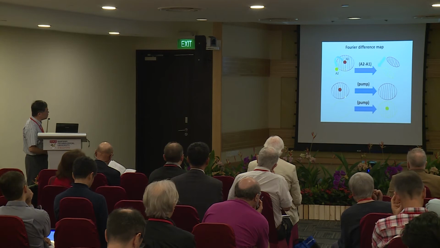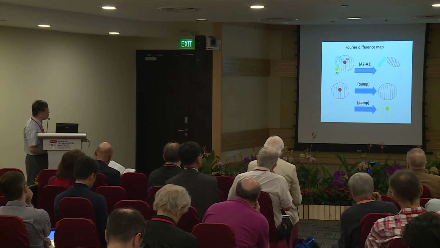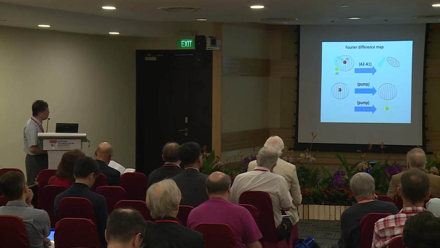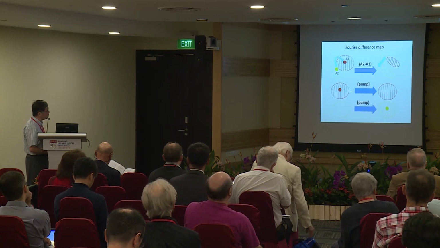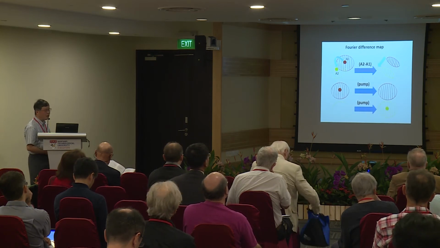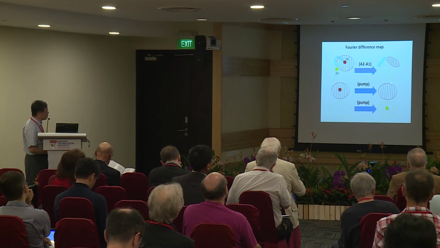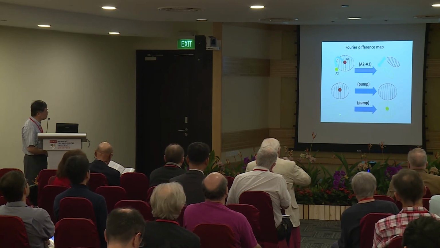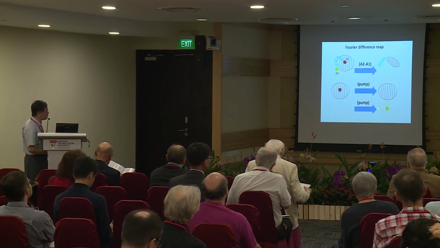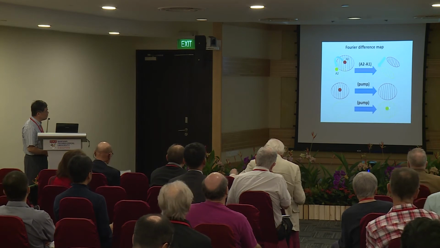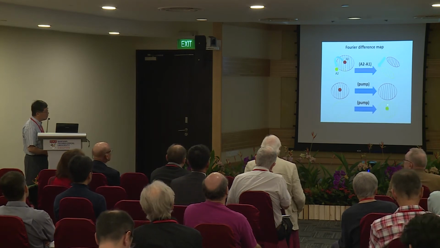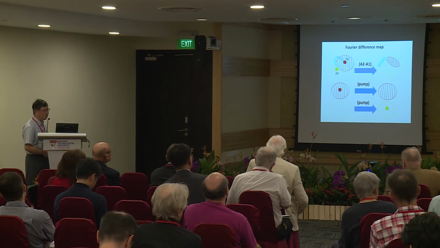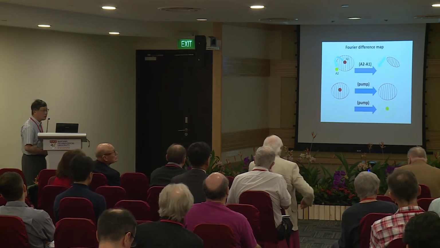There is another situation, where if one of the atoms initially located here has moved or disappeared somewhere, then we get a minus electron density. Or alternatively, if there is nothing here, but after two-flash illumination one atom comes in here, then we get a positive electron density.